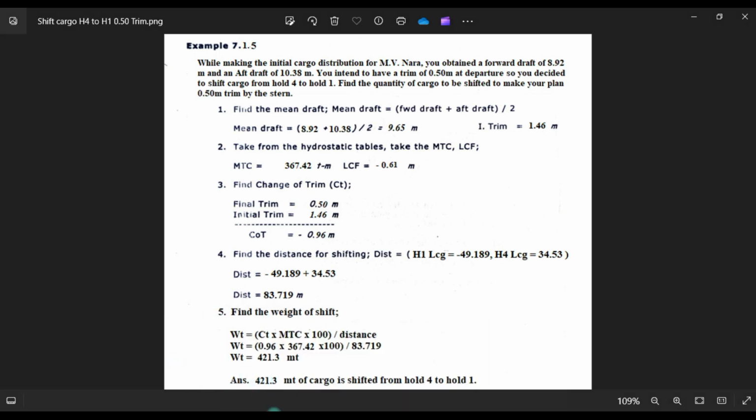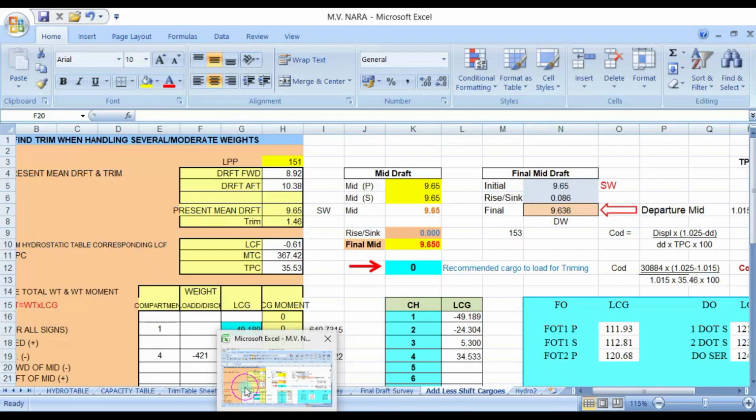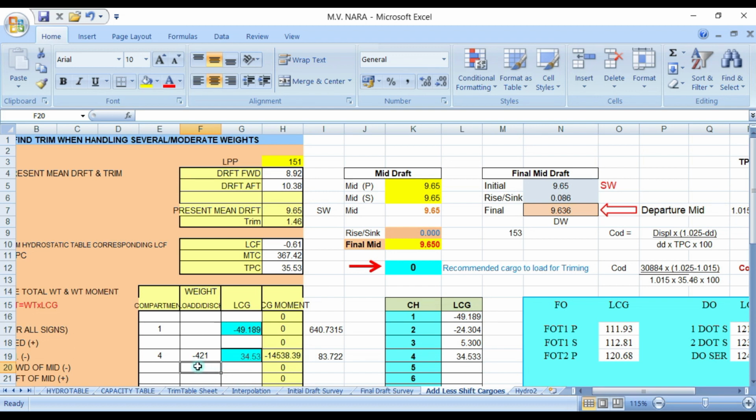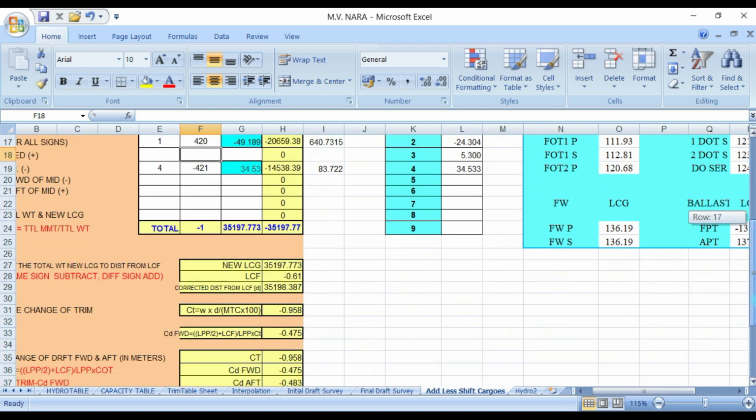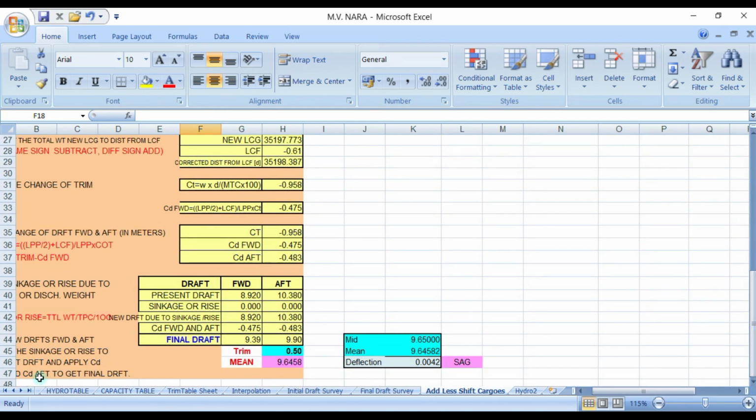You take out, meaning that will be the negative sign, and you shift it to hold number 1. You just put there 420. Why? If you put 420, you will have a trim of 50 centimeters, which is required.